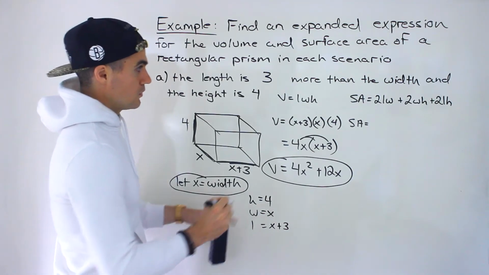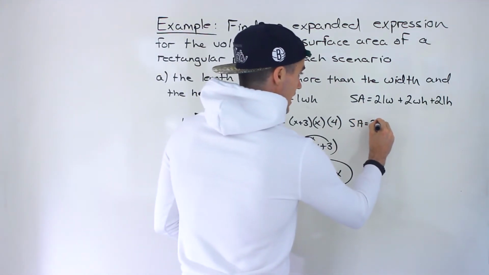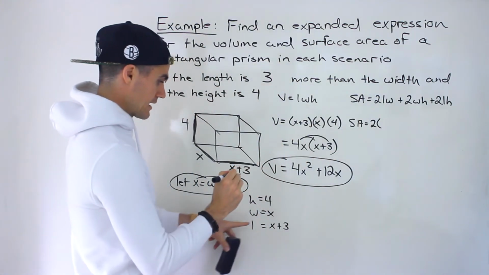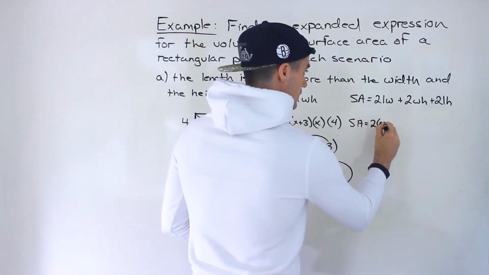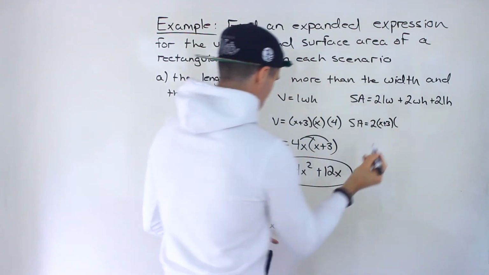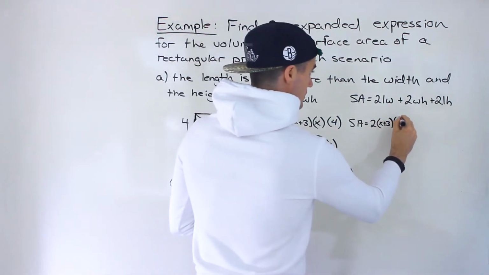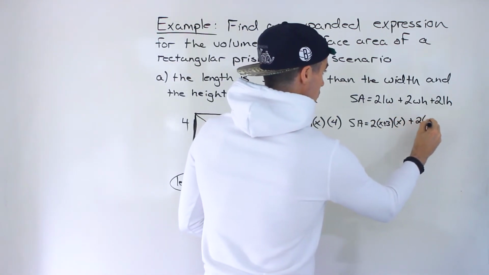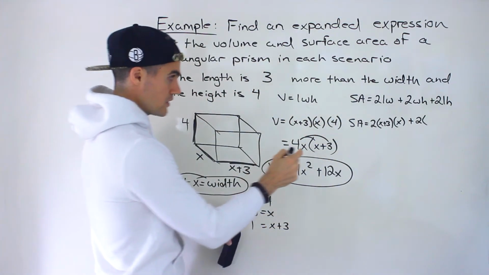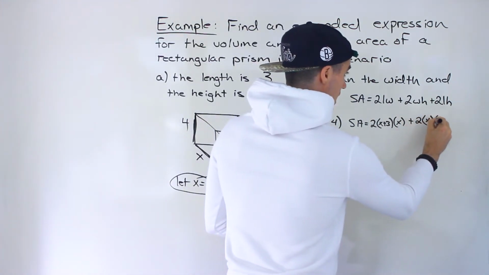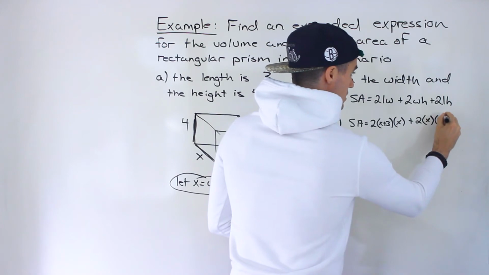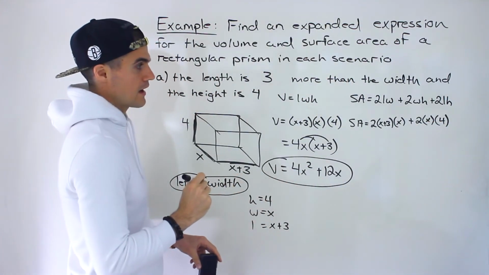So we'll have 2 times the length. What's the length? It's x plus 3 times the width, which is just x, plus 2 times the width, which is x, and then times the height, which is just 4, like that.